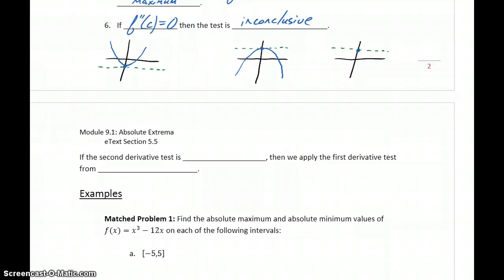So if the second derivative test is inconclusive, then what we have to do is go back to the first derivative test that we introduced in module 7.1.